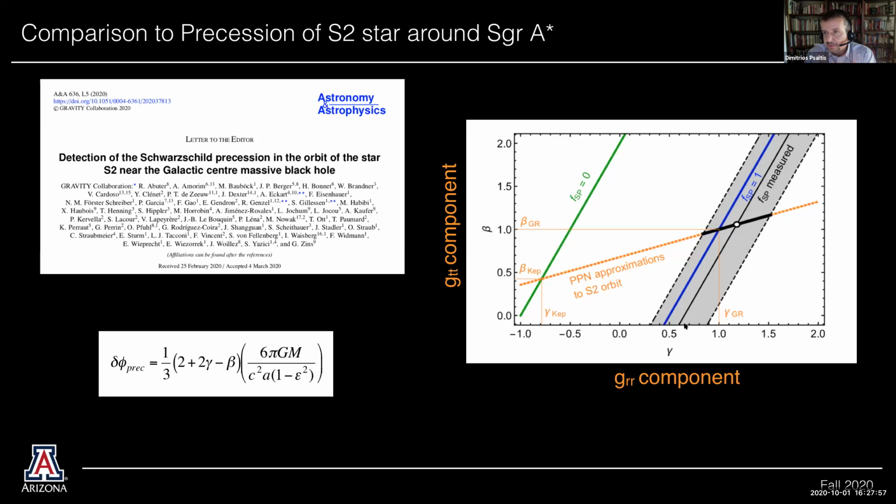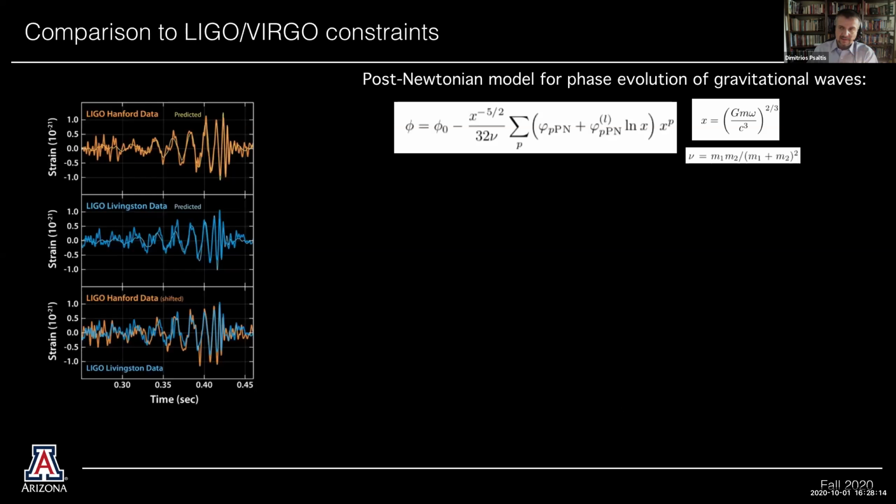Now, these are the first post-Newtonian corrections, just like what we do in the solar system. Again, to be able to reach the second post-Newtonian terms, like we can do, requires a factor of about 1,000 increase in accuracy. And that is unlikely to happen in the near future.